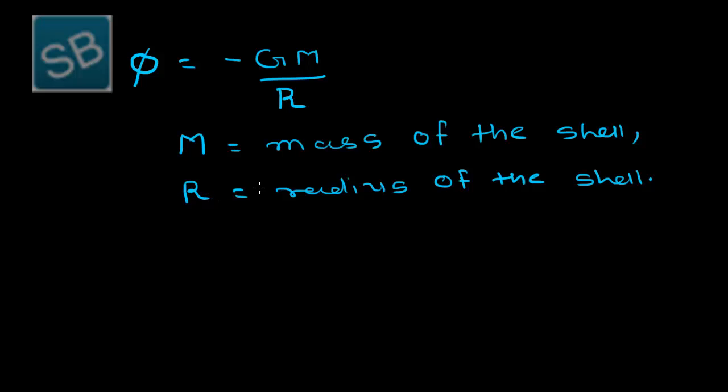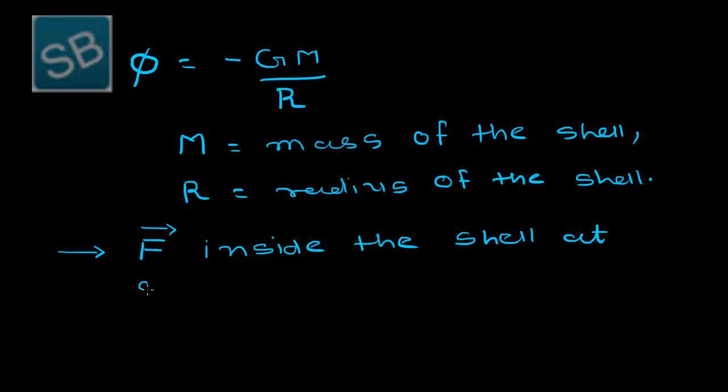The reason for this gravitational potential remaining the same at all the points is that the gravitational force inside the shell at all the points is zero, and hence no work is done.